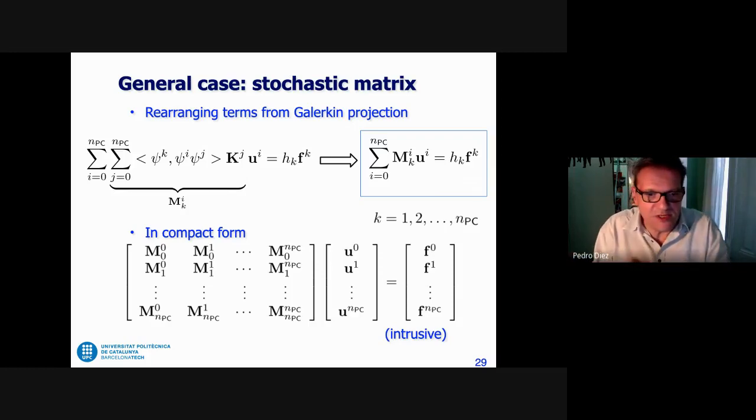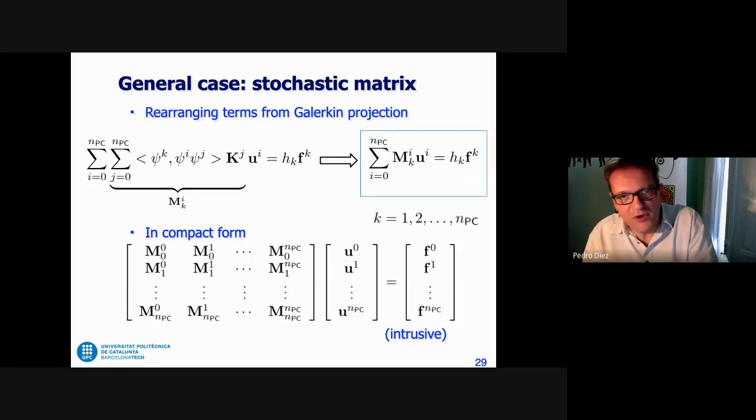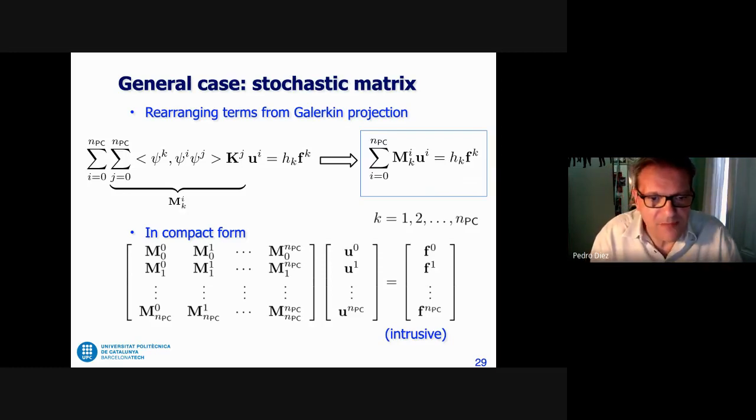This is exactly the goal of the polynomial chaos methodology: to avoid Monte Carlo or any other strategy that relies on evaluating the system to be solved many times. Of course, conversely, this requires solving this system of equations, which is very unusual in a finite element code, and that's why the method is intrusive.